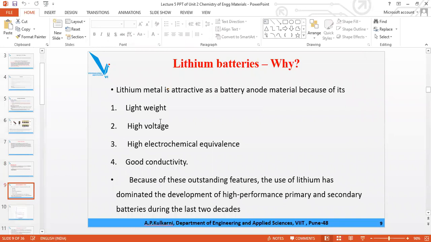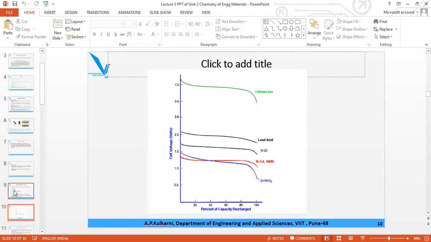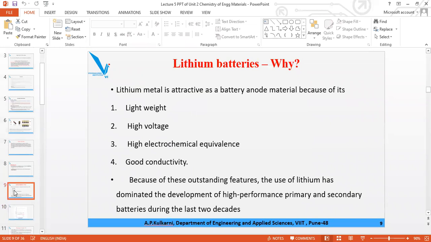Now why lithium? So learn all the properties. Light in weight, high voltage. It can give up to 4 volts, whereas the other batteries give 1.5. Then high electrochemical equivalence, which you have already learned in 12th. It has good conductivity.